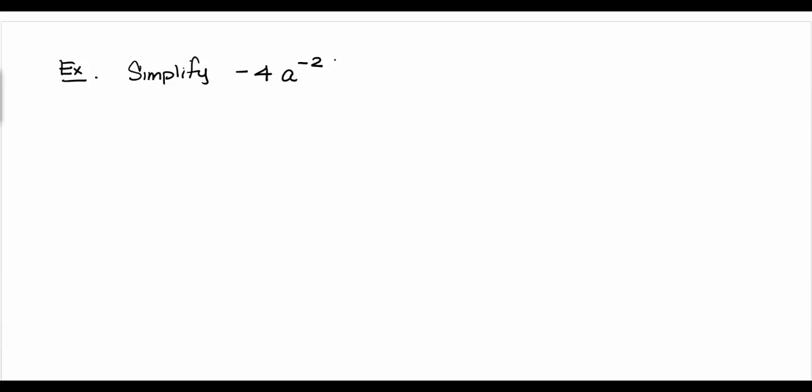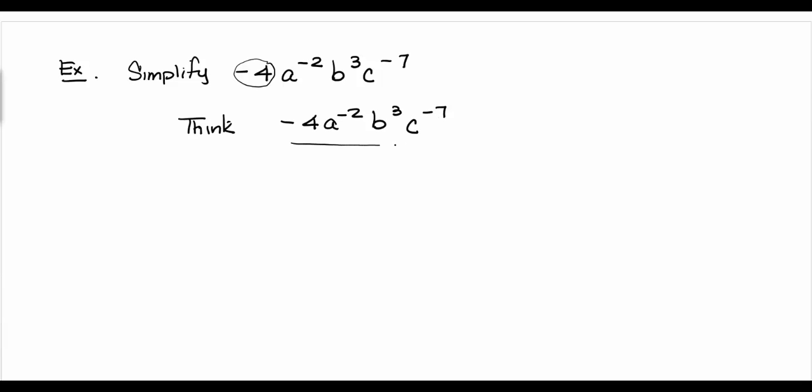And I'll do one more. I say simplify -4 a to the -2 b cubed c to the -7. Okay, so remember, this -4 is a coefficient. There's no exponent there. Nothing happens to it. So I'm going to think to myself, this is the same as -4 a to the -2 b cubed c to the -7 all over 1.